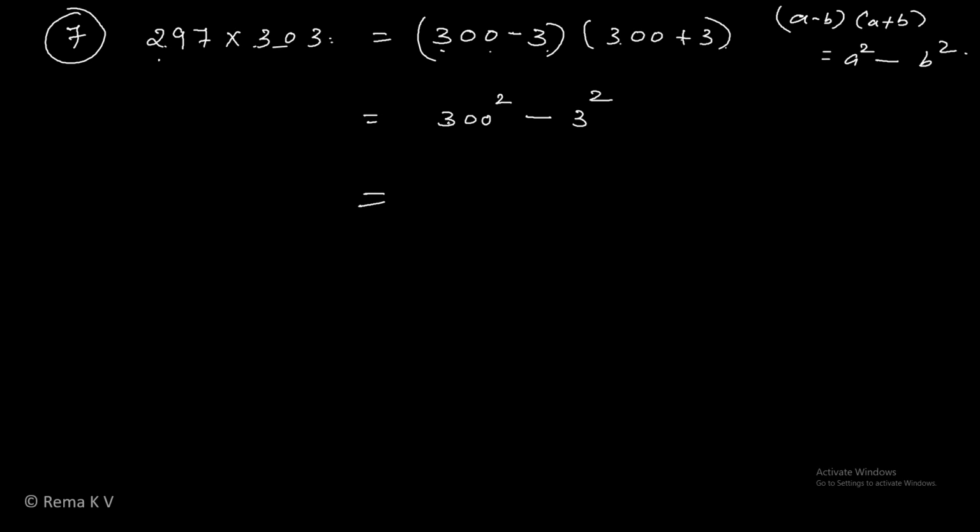This is equal to, what is 300 square? 300 square, how many zeros required? Here 3 threes are 9, 2 zeros, so in its square 1 2 3 4 zeros.